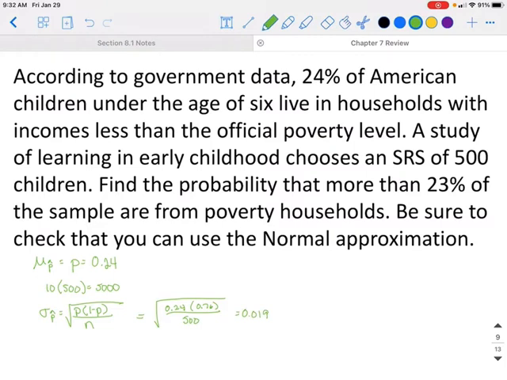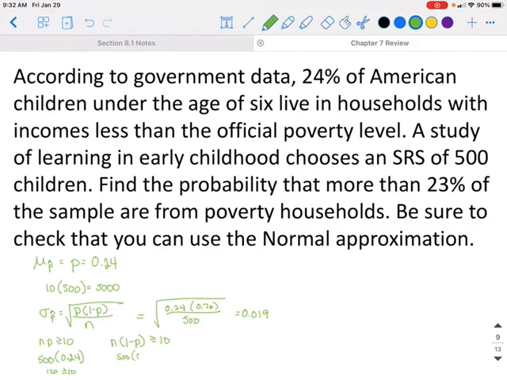Now we need to check that we can actually use normal approximations. Remember, to do that, you're going to do n times p, and that has to be greater than or equal to 10, and n times 1 minus p also has to be greater than or equal to 10. So we have 500 samples. Our probability of success is 0.24, and that's going to give us 120, which is definitely greater than or equal to 10.